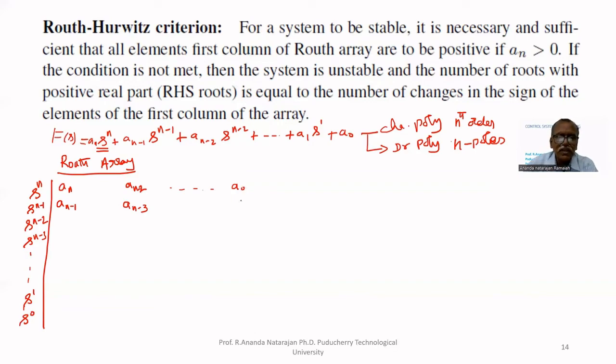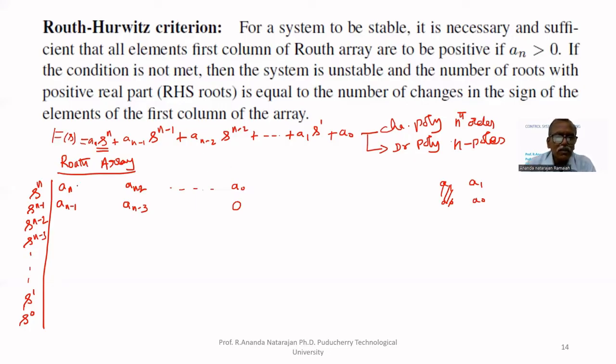If it ends here, then we can put a 0 here. Otherwise, sometimes it may end like this, a1, a naught. It depends upon the number of coefficients: an even number of coefficients means it will end like a1, a naught, and an odd number of coefficients means it will end the other way. So from the polynomial, we can now form two rows.